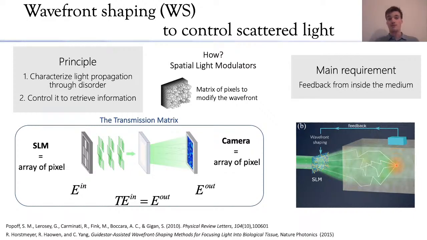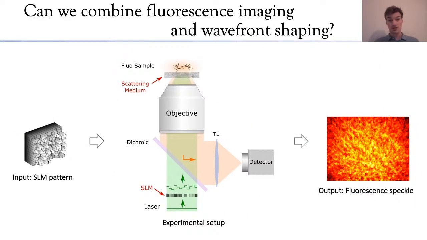Here we want to use fluorescence. We want to see if we can combine linear fluorescence from fluorescence microscopy and wavefront shaping. We use these spatial light modulators from the wavefront shaping community, where we can change the wavefront of our light, so the way we excite the fluorescent sample.